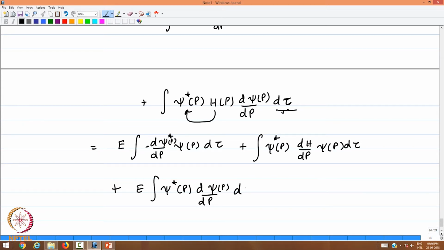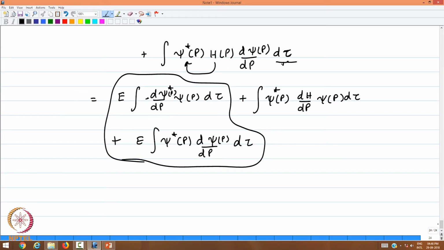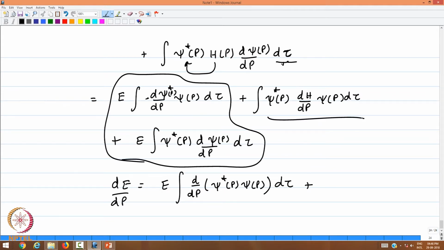by dP d tau. You can see that these two terms immediately add as nothing other than the derivative dE by dP as nothing other than this derivative E, the integral d by dP of psi star psi d tau, and the term which is not disturbed is this one psi star of p dH by dP psi of p dP, and this is of course you know d by dP.